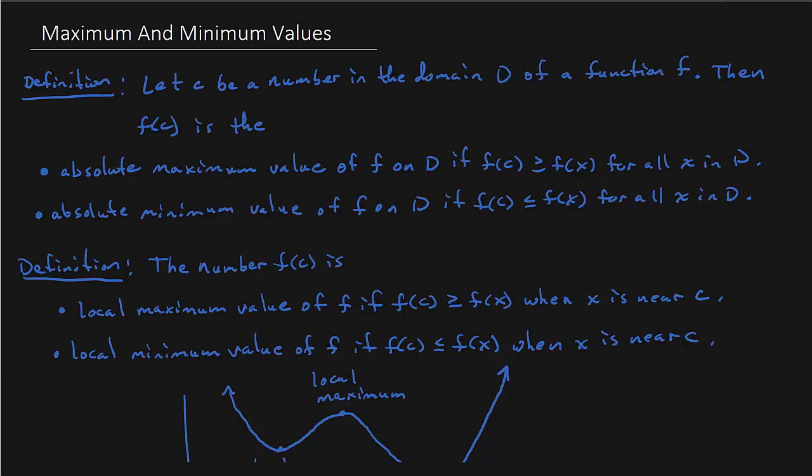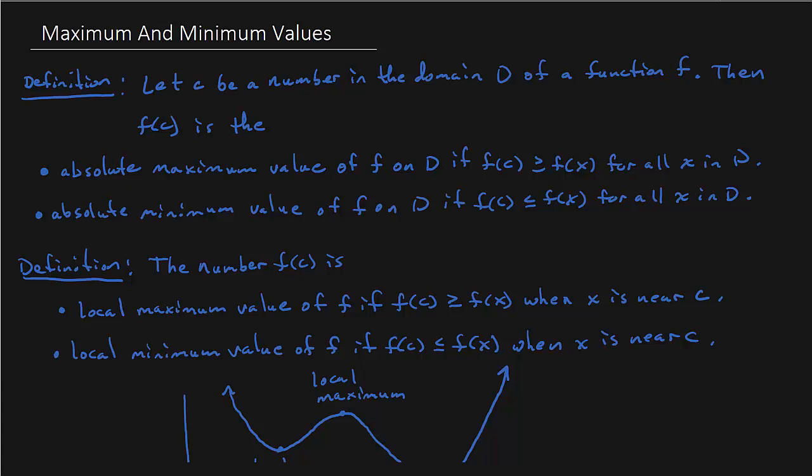And then we have another definition. The number f of c is a local maximum. Now, notice the difference. The first definition we looked at was absolute maximum and absolute minimum. Now we're looking at local maximum and local minimum, and I'm going to show you the difference. A local maximum value of f if f of c is greater than or equal to f of x. It's saying the same thing so far, right?